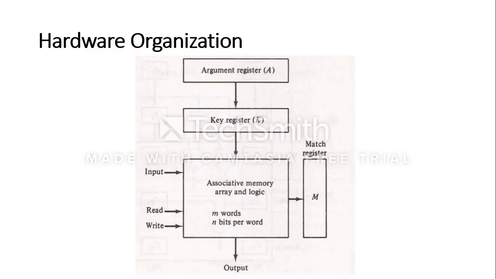But in the argument register, I have specified 18 BCE 001. But using this 18 BCE 001 search string, which is available in the argument register, I want to extract all the records from the associative memory which contain 18 BCE in the roll number attribute.